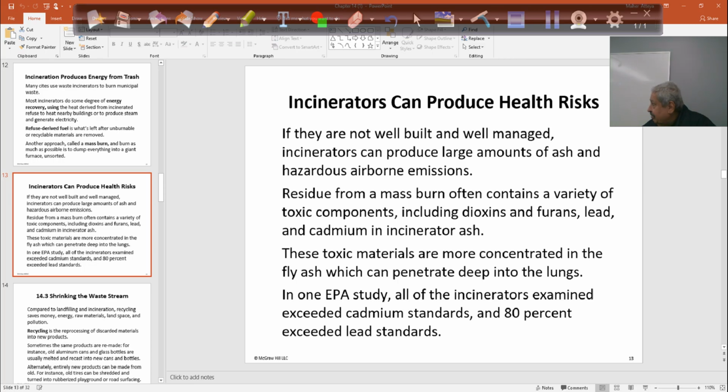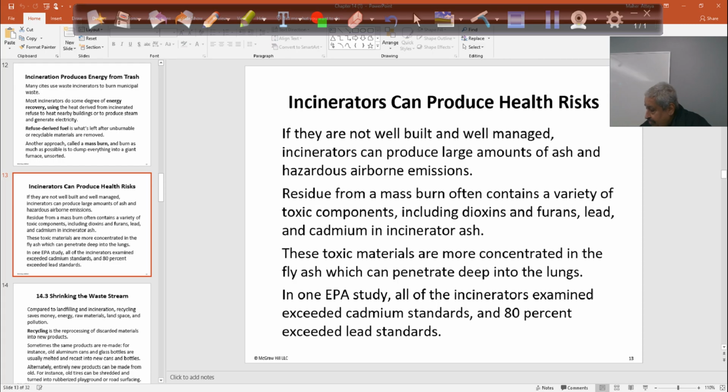The ash is most probably soot and hazardous airborne emissions. The ash is the oxides, but the airborne emissions are the soot itself. Residue from a mass burn often contains a variety of toxic components, including dioxins and furans, lead, and cadmium in incinerator ash. They did not mention the soot, but the soot will be there.